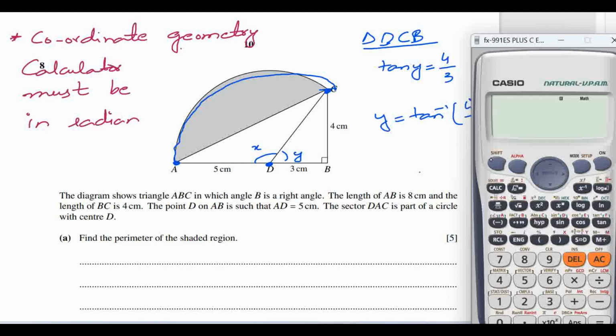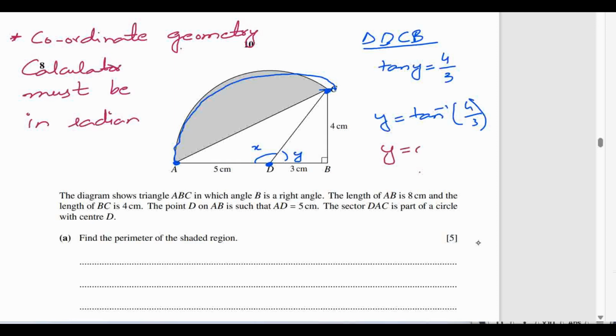Now shift tan inverse of 4 by 3. So this will be equal to 0.927. Y will be equal to 0.927, and now we need the x.